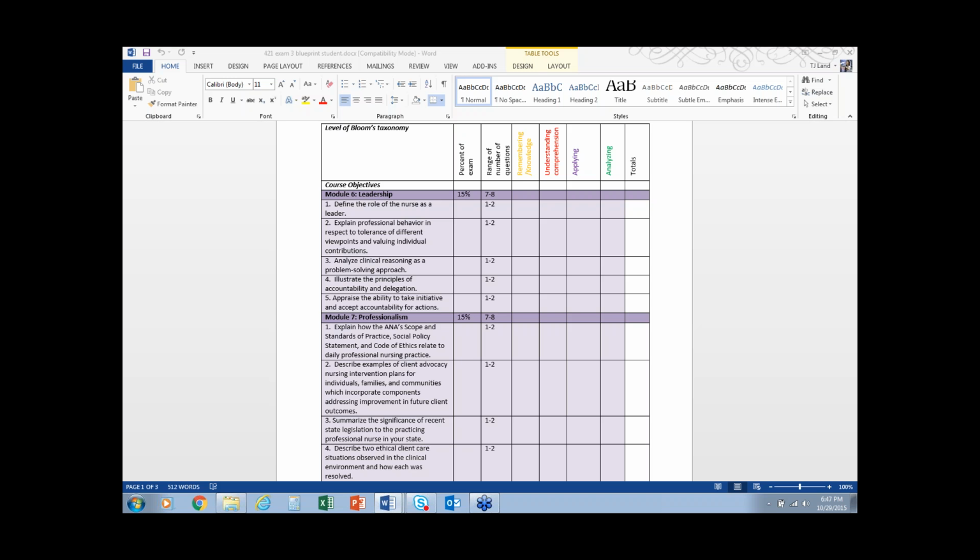So the third objective is talking about you being able to analyze clinical reasoning as a problem-solving approach. How can we use clinical reasoning? Okay, so what might be an example of this process? Well, how about your nursing process? It is a problem-solving process.